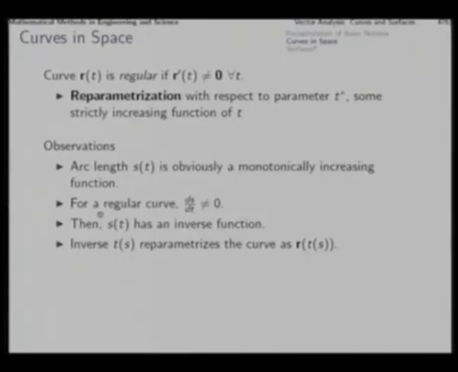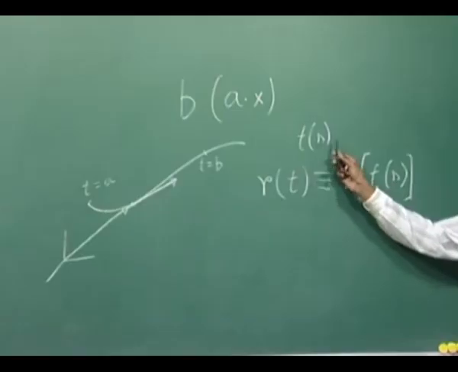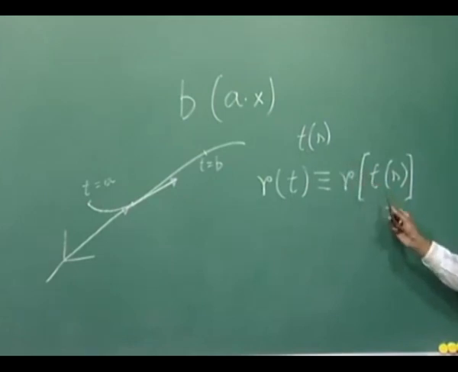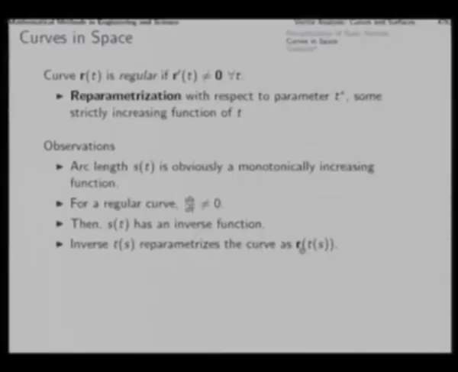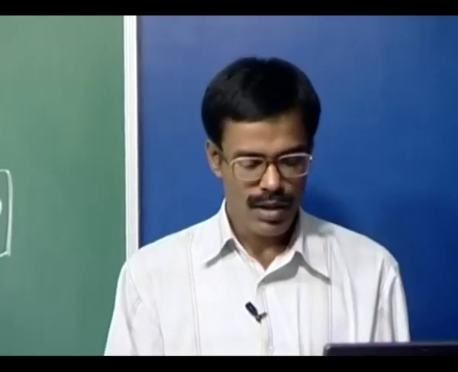From s of t we can derive the inverse t of s, and then we can insert that inverse here, and finally this becomes a function of s. In this manner we can define the curve with s as the parameter, with the arc length itself as the parameter, and in fact the arc length s gives you a natural parameter to describe the curve.